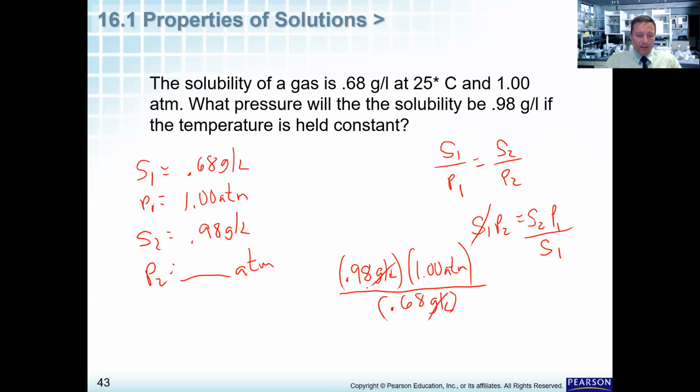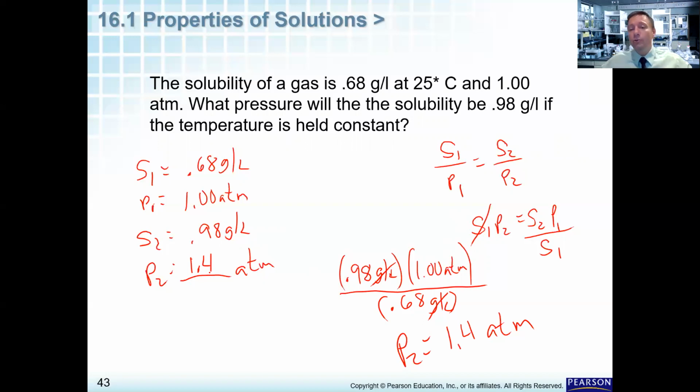So I'm going to go 0.98 times 1, which is 0.98, divided by 0.68. So now pressure 2 is going to equal, and I have to be at 2 sig figs, 1.4 atmospheres. So my pressure went up. So I'm now here, 1.4 atmospheres. So that is how you actually do the solving using Henry's law.